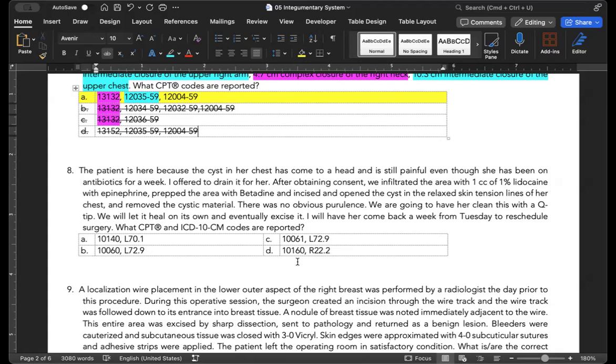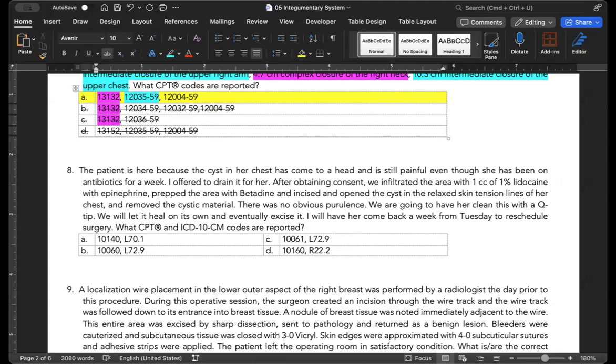So 10040 is going to be an acne surgery. 10060 is an incision and drainage of an abscess, simple or single. And 10061 is an incision and drainage of an abscess, complicated or multiple.